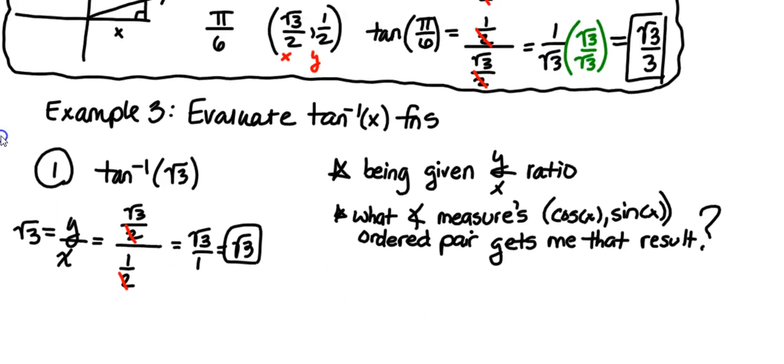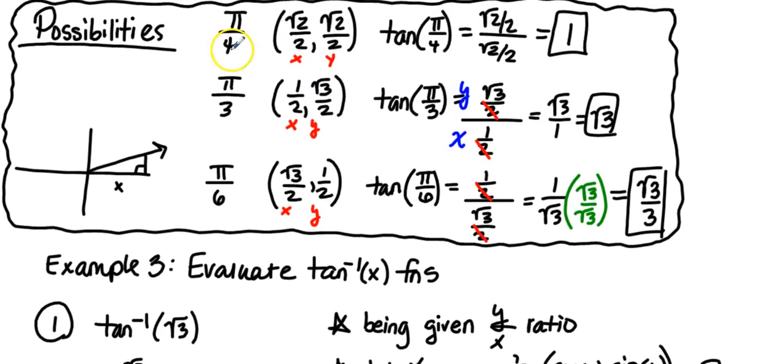So that's why we started off by remembering how to go forwards. This whole little brain bubble was remembering how to calculate tangent of pi over 4, pi over 3, pi over 6, and remembering these are the 3 outputs.